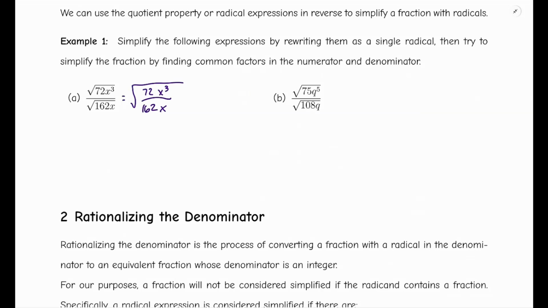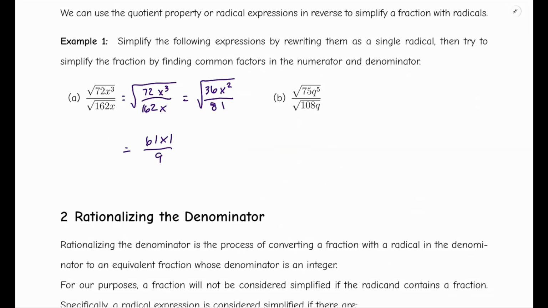Now 72 and 162 can be reduced by 2. And then the x and x cubed can reduce. So we get square root of 36x squared over 81. And then taking the square roots, we get 6 absolute value of x all over 9.